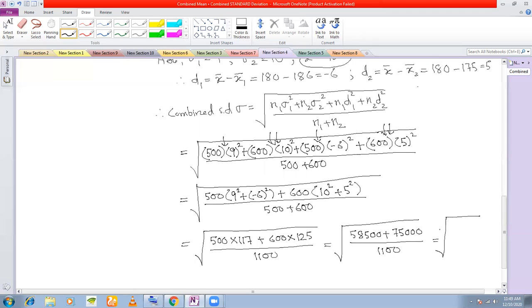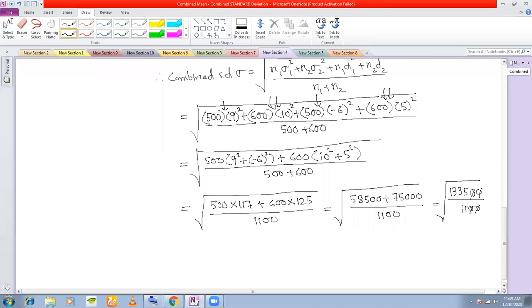58,500 plus 75,000 is 133,500 divided by 1100. Two zeros cancel, and will 1335 cancel with 11? No, it will not cancel.